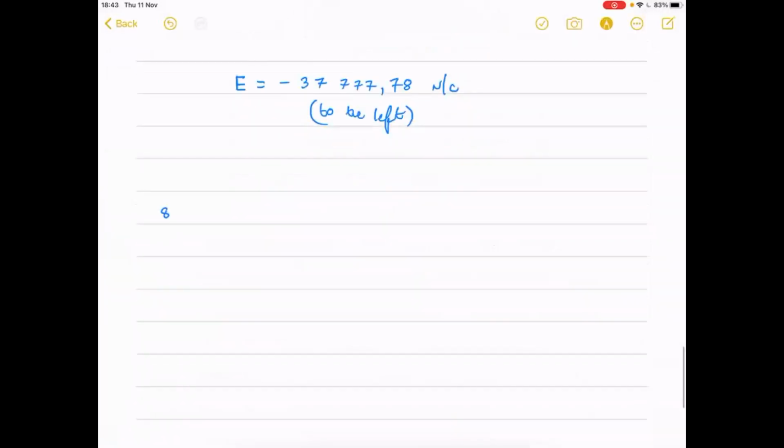For 8.2, I'm just going to draw it like this. It's only a part of the circuit, right? You've got 4 ohms and you've got 3 ohms. So instead of those two, I can just say R is equal to, because they're in series, 4 plus 3 is equal to 7 ohms.